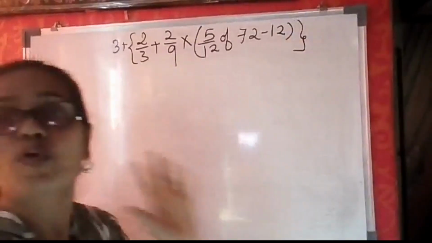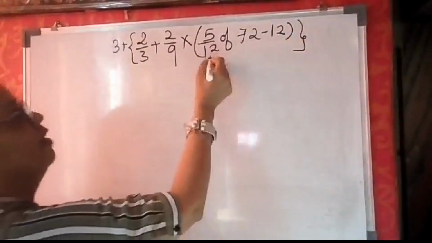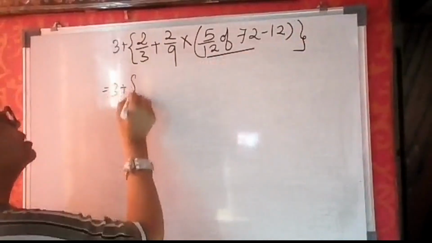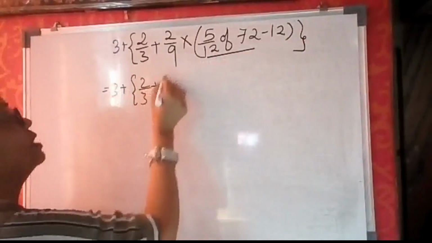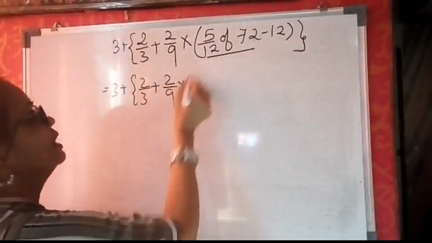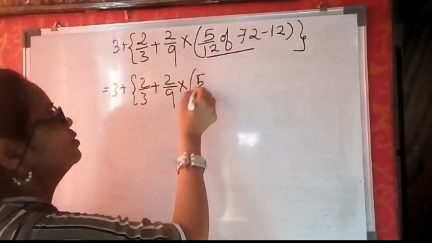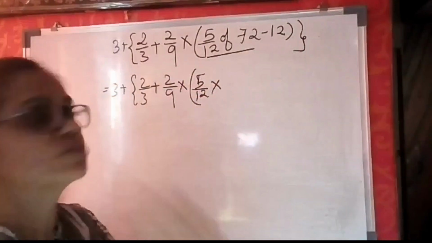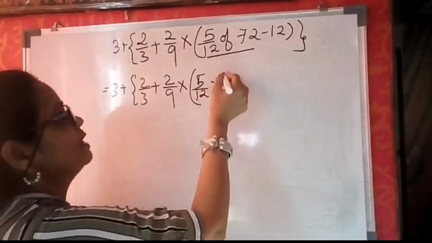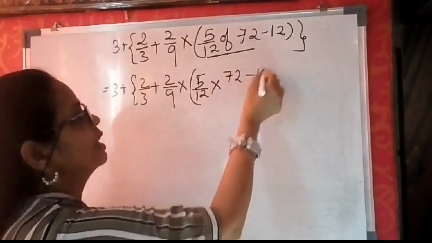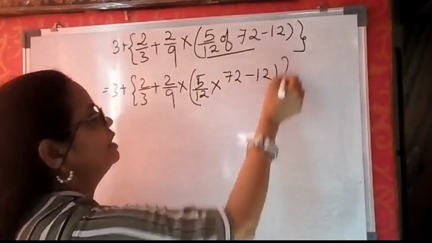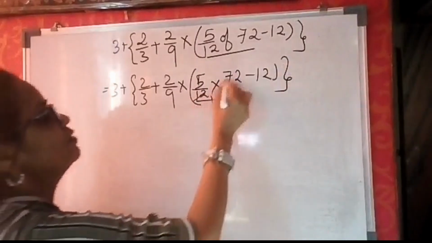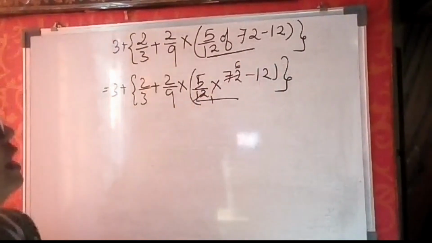So according to the BODMAS rule, 'of' we solve first, which is equal to 3 plus 2 upon 3 plus 2 upon 9 multiplied by 5 upon 12 of 72 minus 12. 'Of' means multiplication, as I told you in the beginning in the BODMAS rule. So when we solve this, 12 1s are 12, 12 6s are 72.